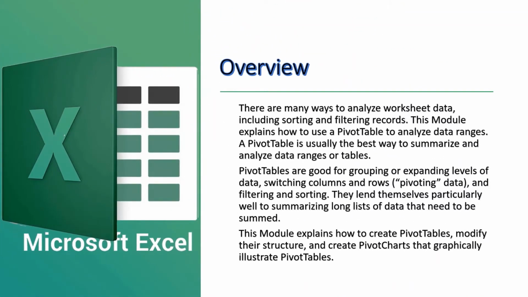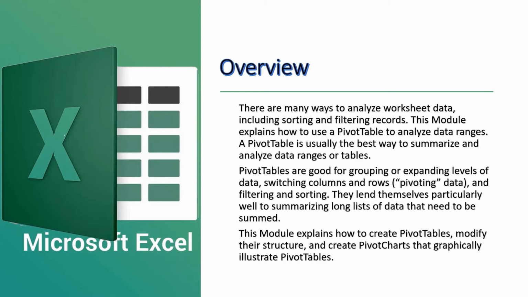There are many ways to analyze worksheet data, including sorting and filtering records. These modules explain how to use pivot tables to analyze a data range. A pivot table is usually the best way to summarize and analyze data ranges or tables.